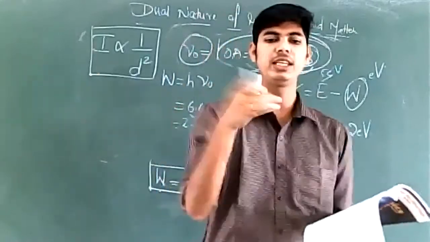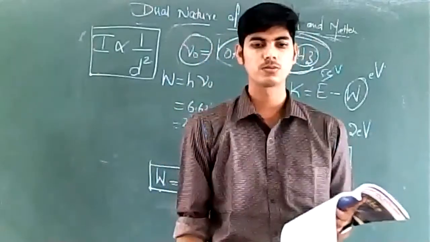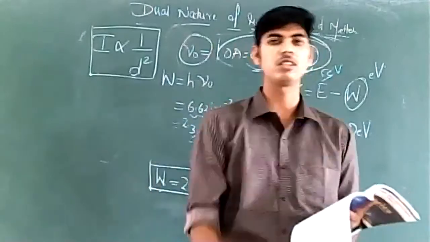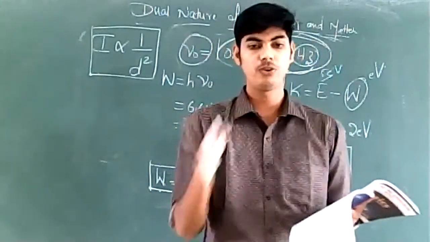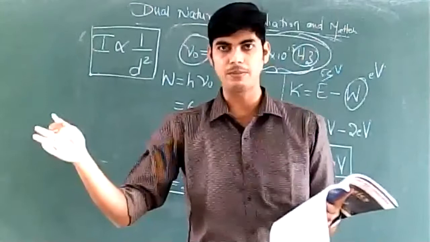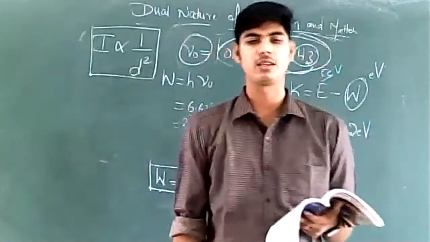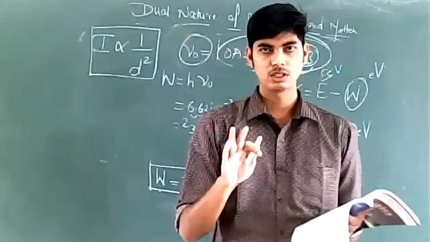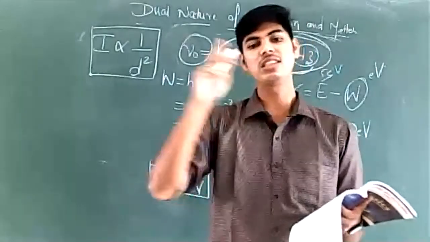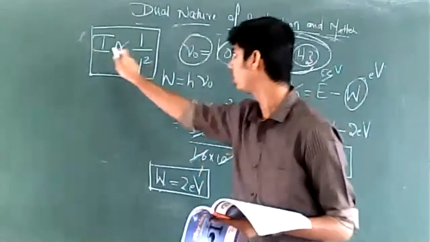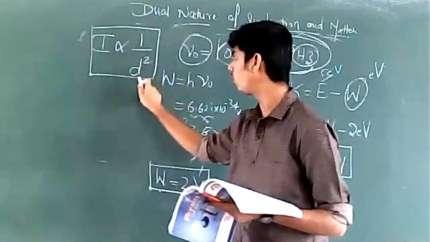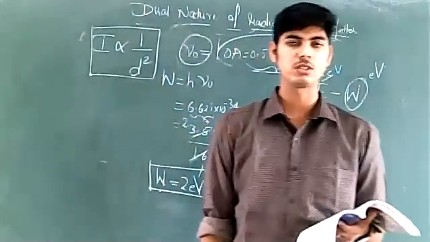If you move the source away from the emitter, what happens to the intensity of the light falling on the emitter? It decreases. How does intensity depend upon distance? Intensity is inversely proportional to the square of the distance.